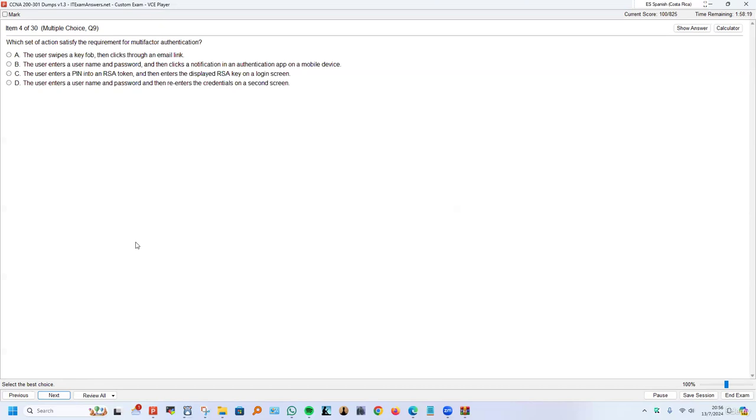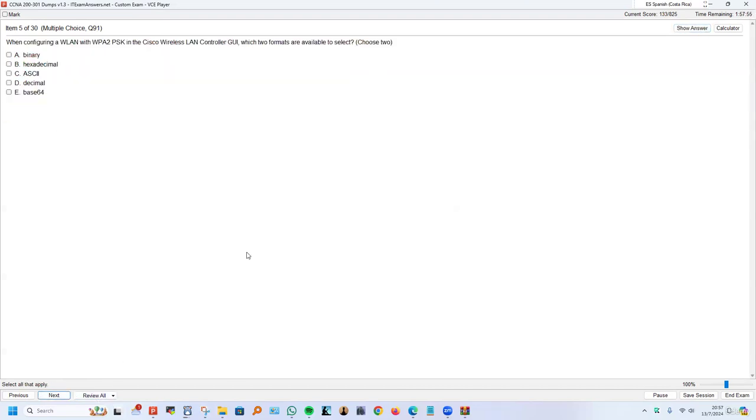What about this one? Which set of actions satisfies the requirement for multi-factor authentication? Okay, multi-factor authentication. Do you guys remember that? It's basically username and password, then a notification in the app. There is an authentication application that works along.